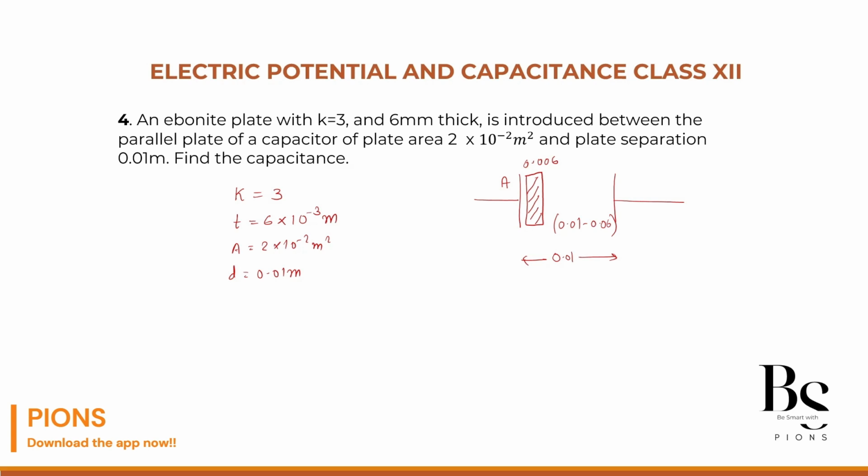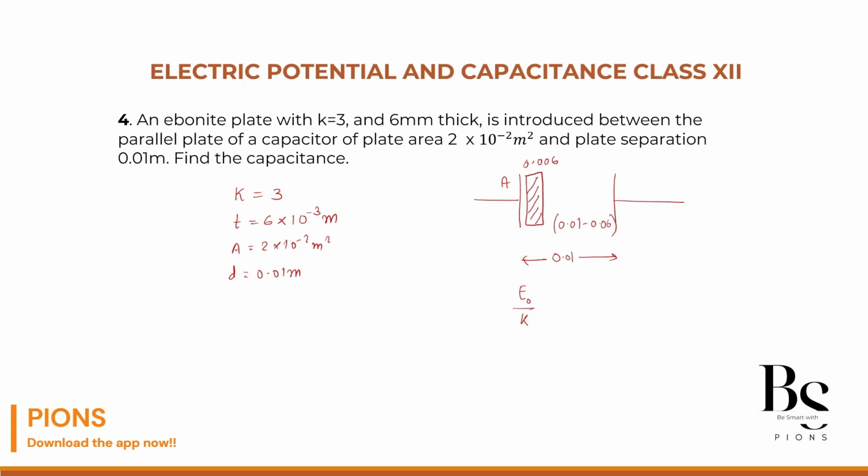Again, I'm repeating, we have a dielectric which is placed across this distance and the remaining space is free, empty. Where there is a dielectric, will the electric field change? Yes. How will it change? It will change as E naught upon K, where K is the dielectric constant. Clear?